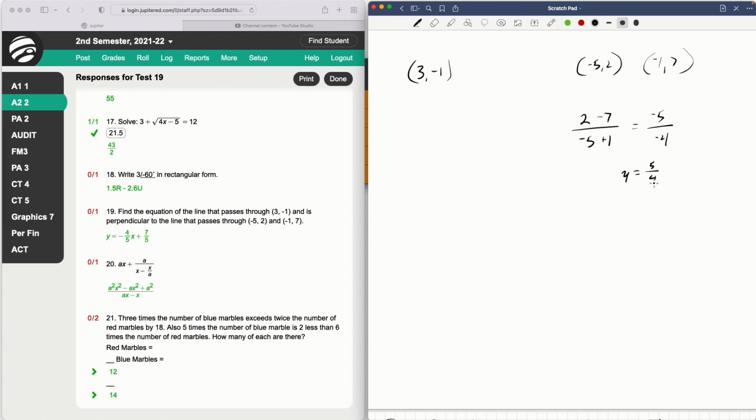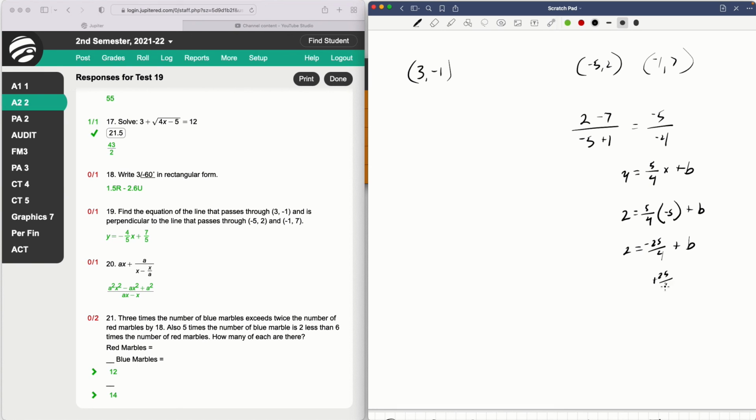2 is equal to 5 over 4 times negative 5 plus b. 2 is equal to negative 25 over 4 plus b. I'm going to add 25 over 4 to both sides.